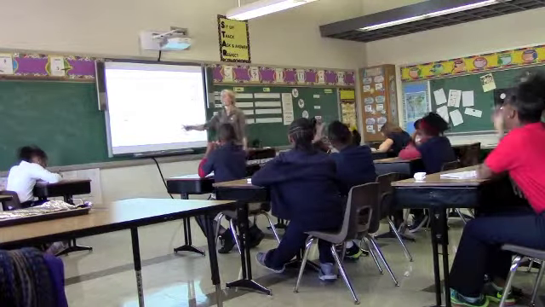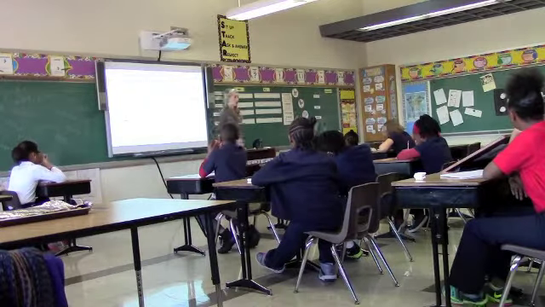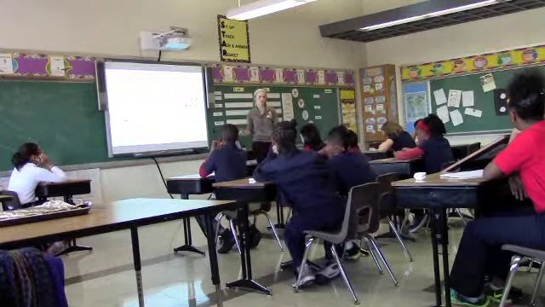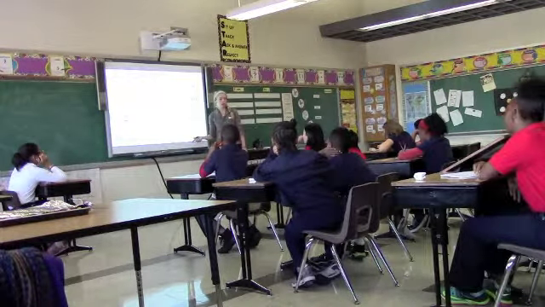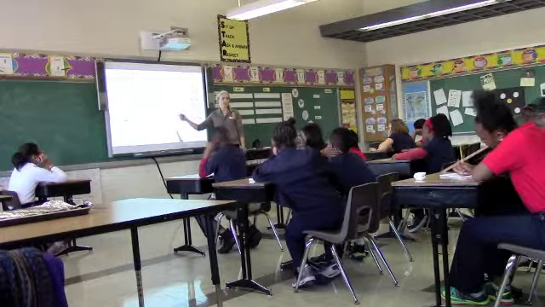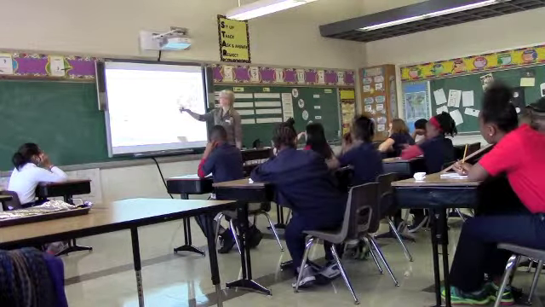It's the equivalent fraction to 10/25ths. I know Ms. Berger told me that yesterday you worked on equivalent fractions a little bit to see that different numbers can really mean the same thing. And then my third step is to check. The way you can check to see if this is in simplest form is if the GCF is 1 with your new fraction. So let's go over that right now.